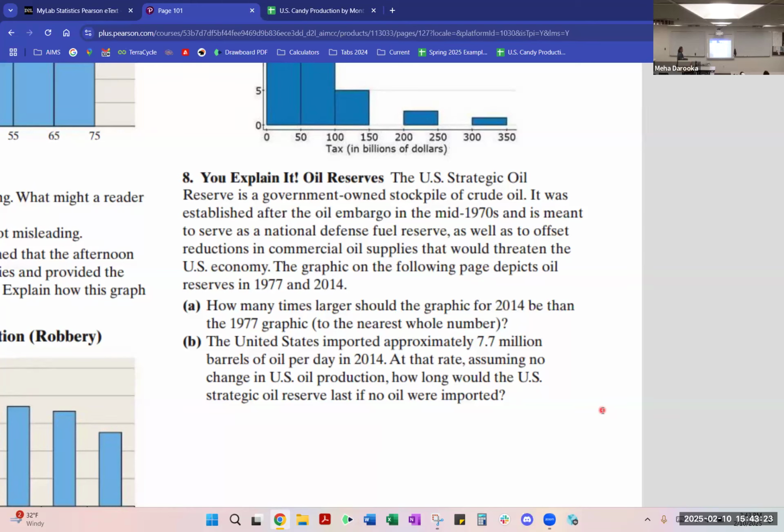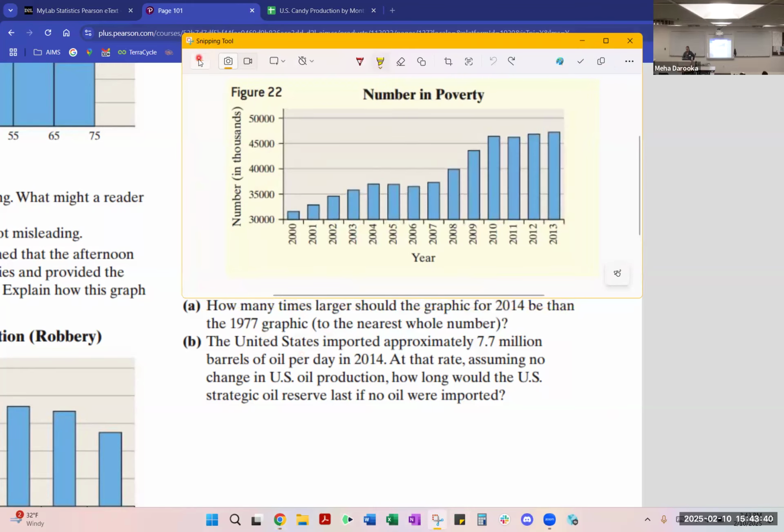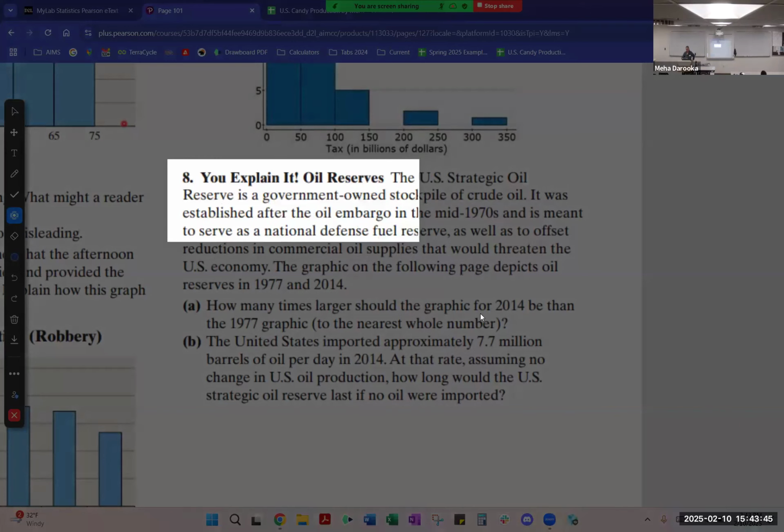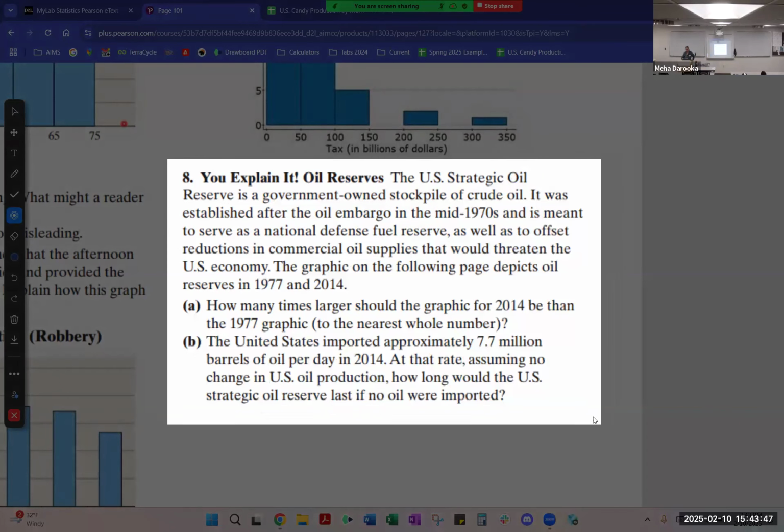And the United States imported approximately 7.7 million barrels of oil per day in 2014. At that rate, assuming no change in US oil production, how long will the US Strategic Oil Reserve last if no oil were imported? Since this is given to us in two parts, let's copy over this first part here.